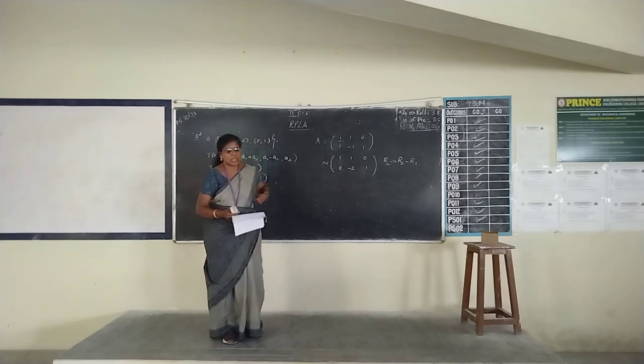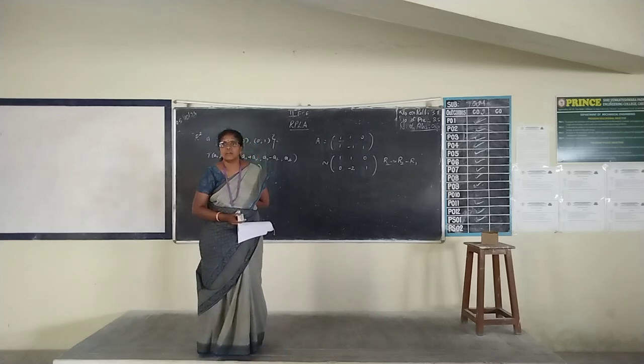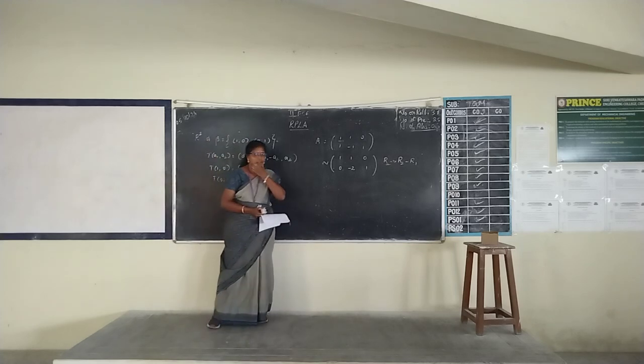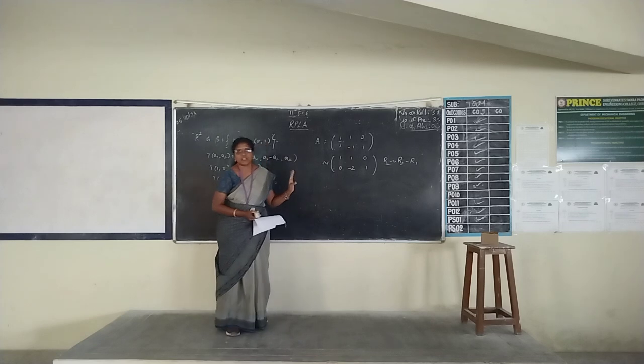How many non-zero rows are there? So this is the first row, this is the second row. You are confused with column. How many non-zero rows are there? 2 rows. So these two will become the basis for our image.